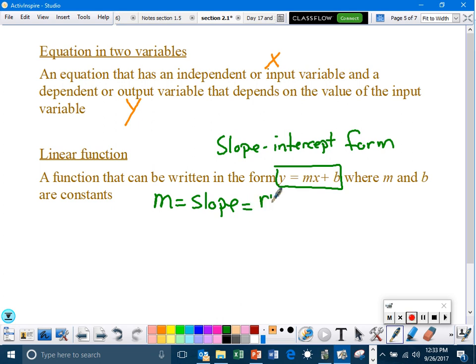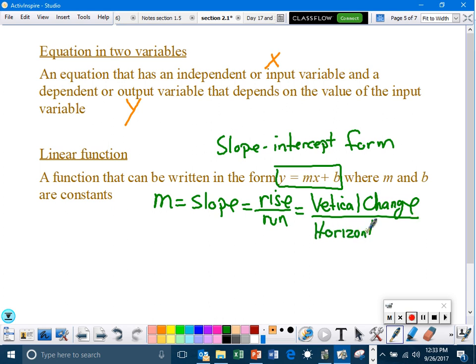And that's rise over run. Also, we can look at it this way. Vertical change over horizontal change. Okay?